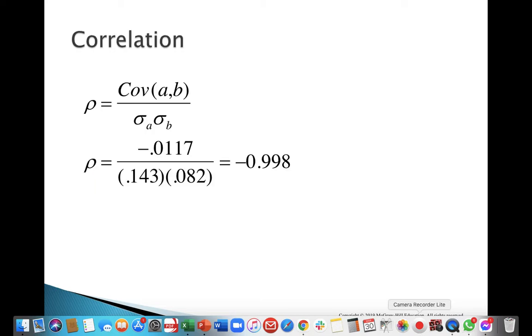Now what will we do? We will calculate the correlation between stock fund and bond fund. The formula for the correlation of stock fund and bond fund is equal to the covariance between stock fund and bond fund divided by the standard deviation of stock fund multiplied by the standard deviation of the bond fund. We have calculated everything.